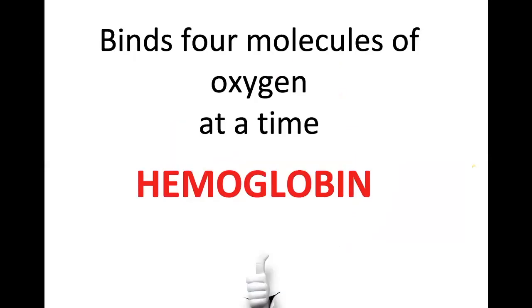Now, always remember this physiologic as well as biochemistry principle that it is hemoglobin which is capable of binding 4 molecules of oxygen at a time. So please don't forget, hemoglobin, which is a globular protein, can bind 4 molecules of oxygen at a time.